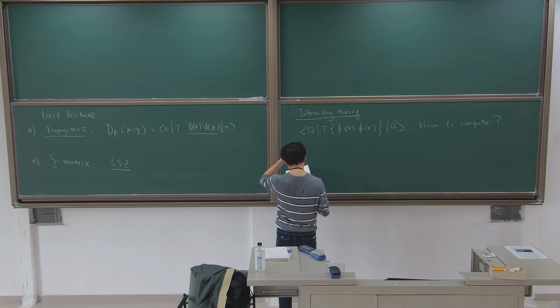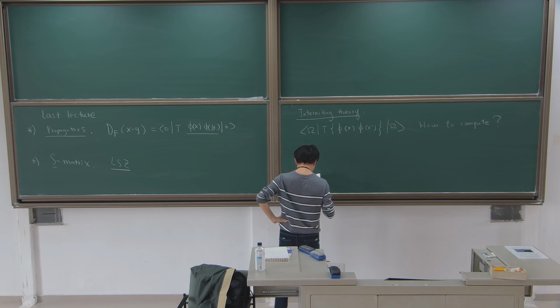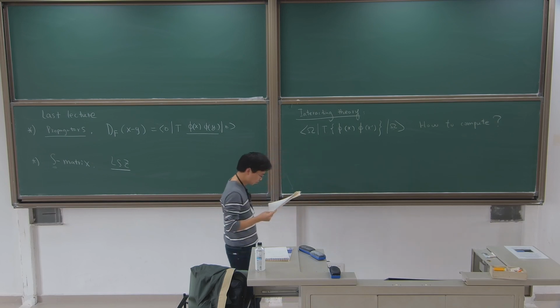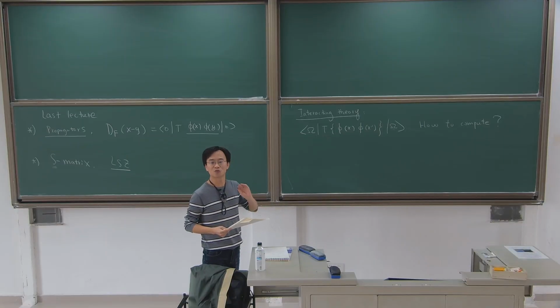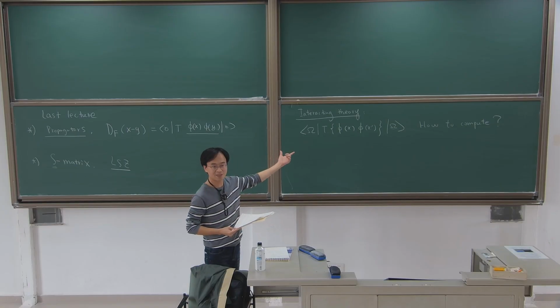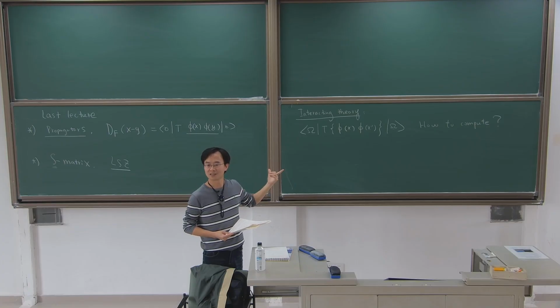So what we do, we will first try to prove some very useful relations, and then use those relations, taking an example to illustrate how to compute this time-ordered two-point function for a particular interacting theory. That's the strategy.